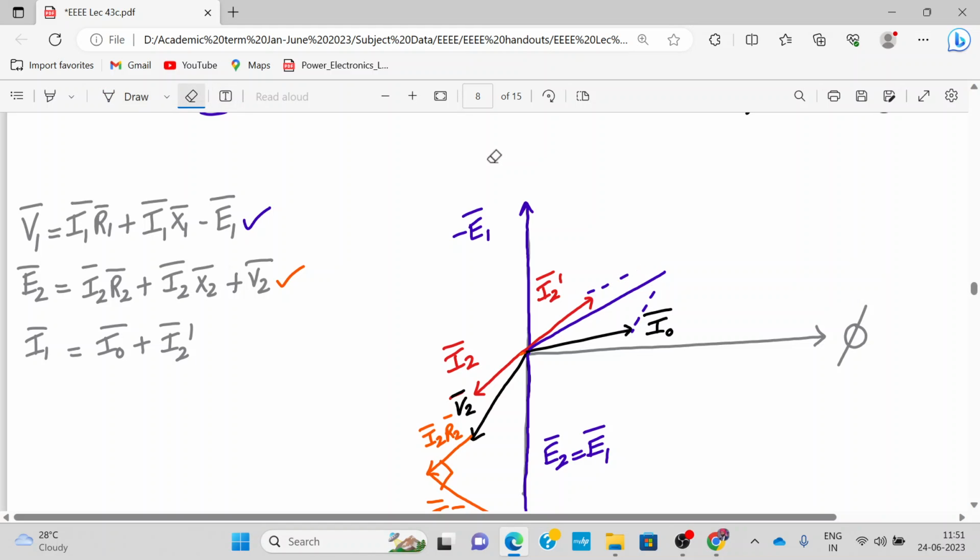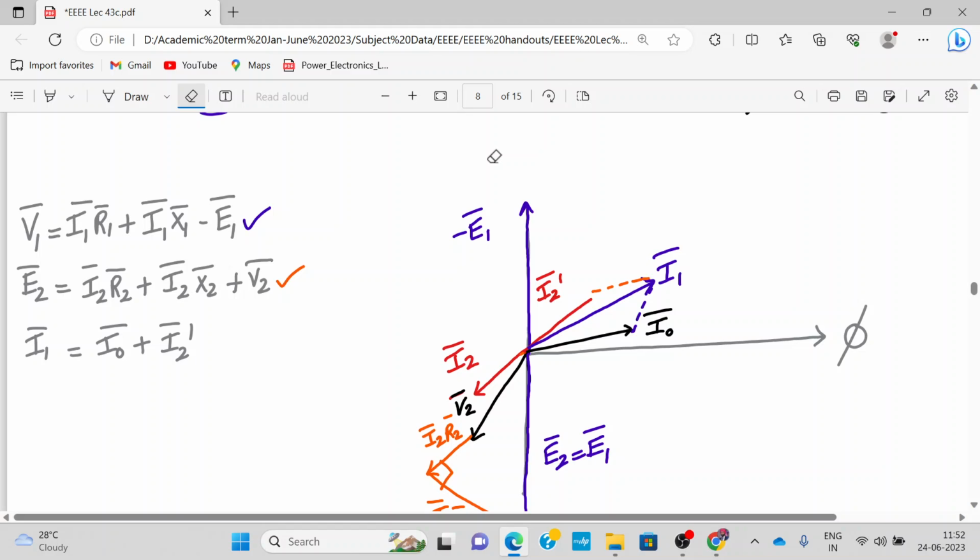I mean, I have not drawn it properly, but this will come very much proper once you draw to scale. Okay, so let me add it like this. Yeah. So this is your I1 bar, this one.